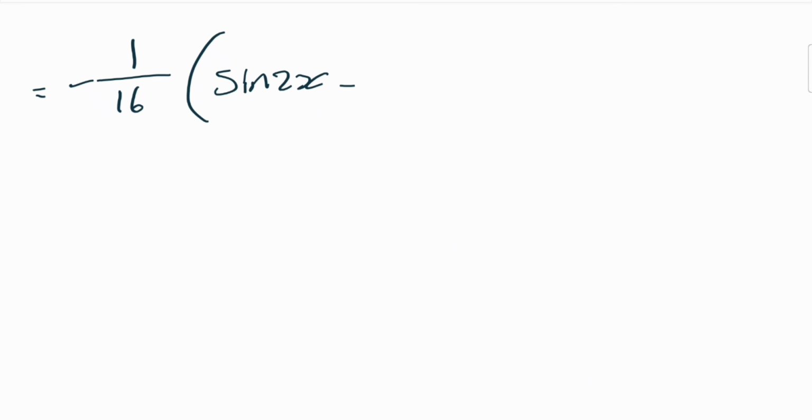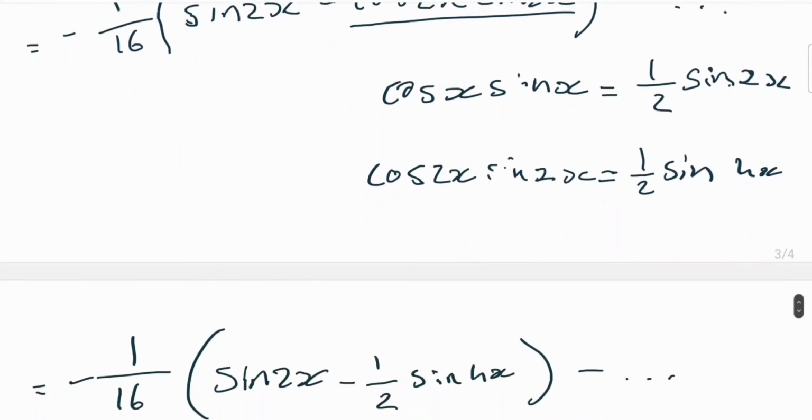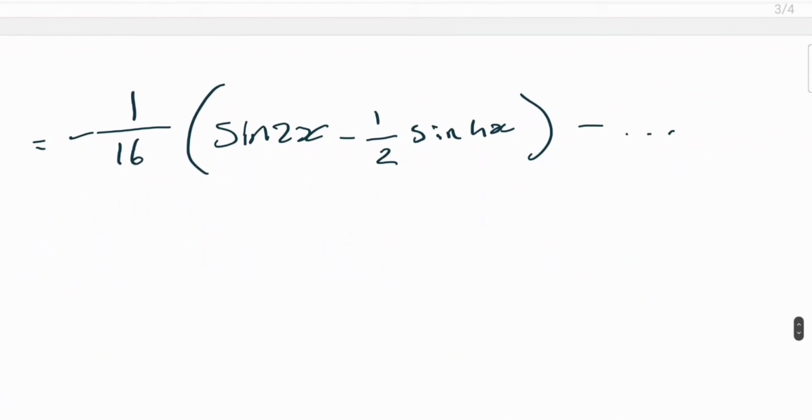So we get negative 1 over 16 multiplied by sine 2x minus 1 over 2 sine 4x, minus the rest. Okay? So here we can actually go ahead and distribute negative 1 over 16.